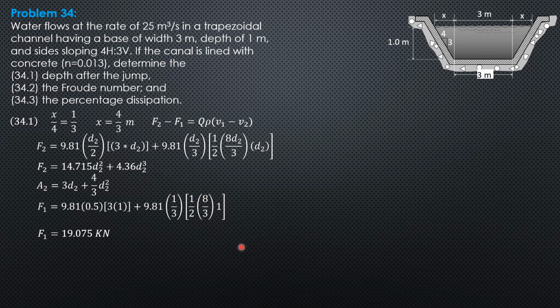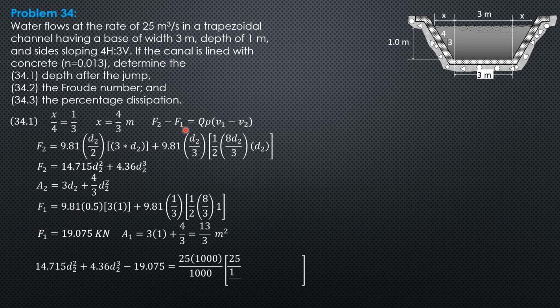So substitute now. Area 1, by the way, is 3 times 1 plus 1/2 of 8/3 times 1, or 3 times 1 plus area of triangle 1/2 of 8/3 times 1, that's 4/3. So 13 over 3 square meters. So 14.715 d sub 2 squared plus 4.36 d sub 2 cubed, then minus F1 19.075, substitute here, equals 25 times density of water.